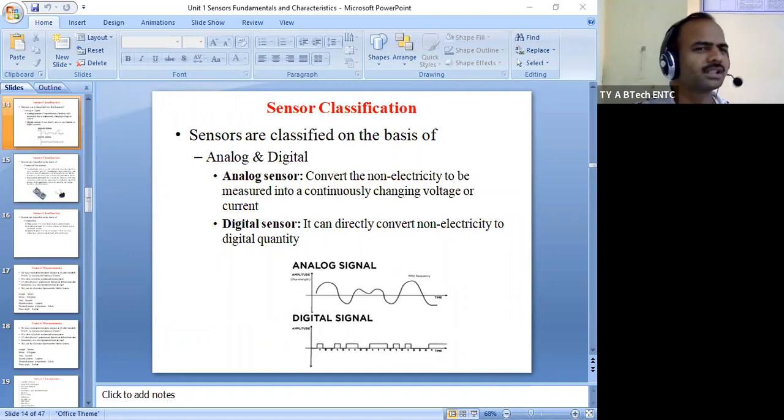Number of sensors are there: humidity, pressure, temperature, weighing, light intensity, PIR sensor, ultrasonic, radar, proximity, RPM, photoelectric sensor. Download different sensors' data sheets and just read the data sheet.